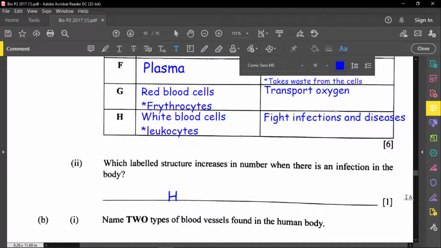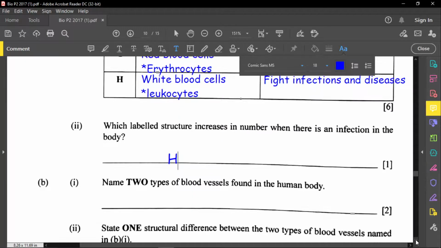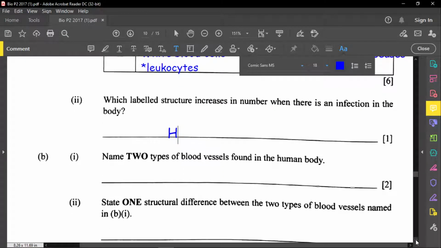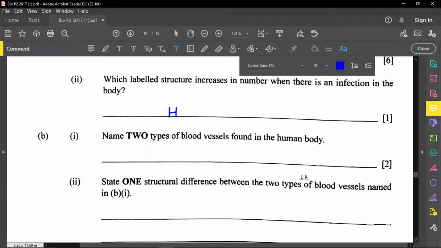Now, we are asked to name two types of blood vessels found in the human body. I'm going to list all three, but they say name two, so you only name two. Here we have arteries, and we also have veins. Oh, wow, I missed my R out of arteries.